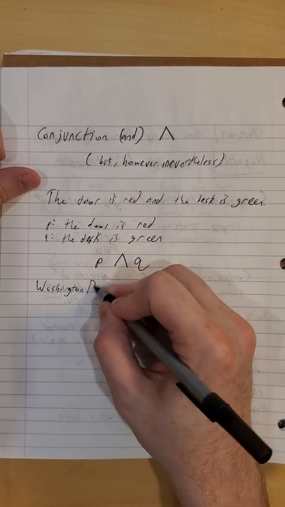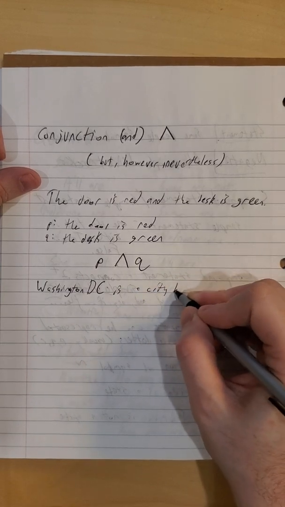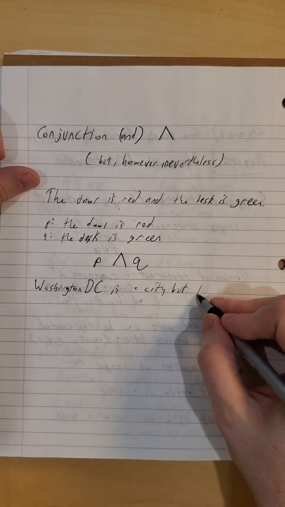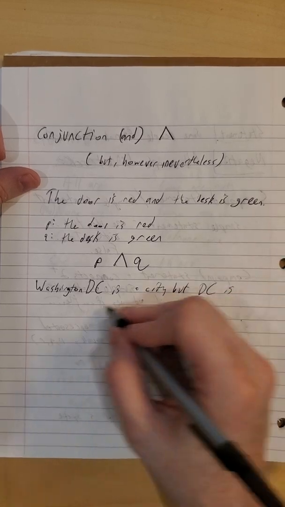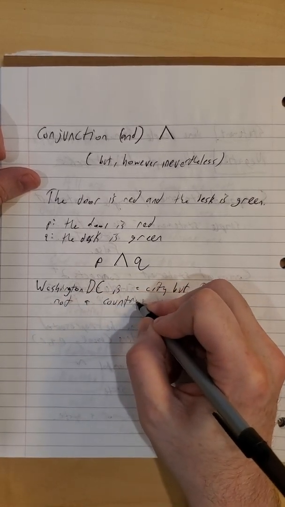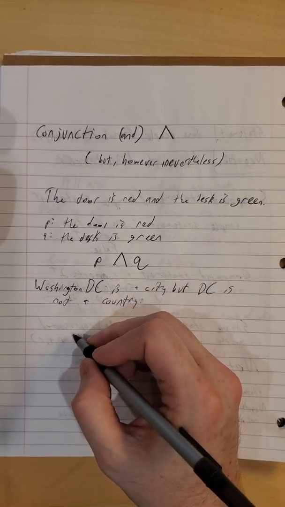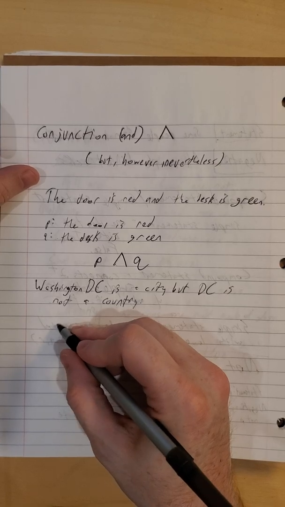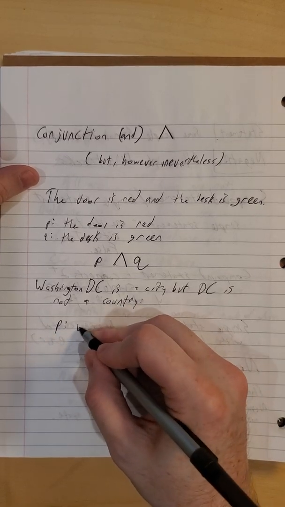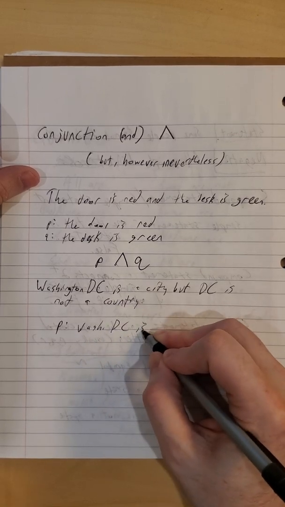Washington, D.C. is a city, but D.C. is not a country. So here, my statement P would be Washington, D.C. is a city.